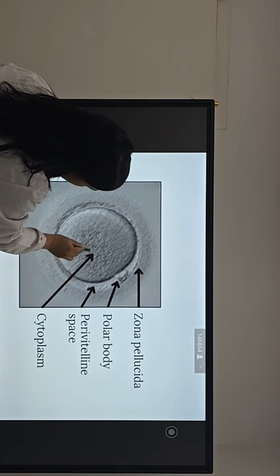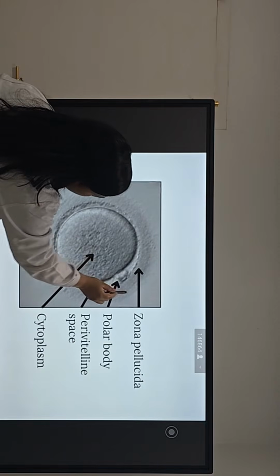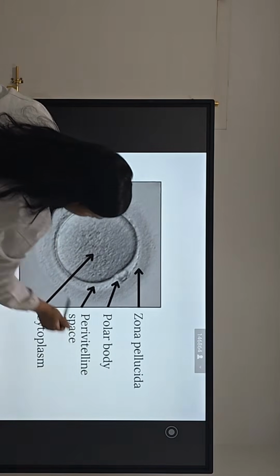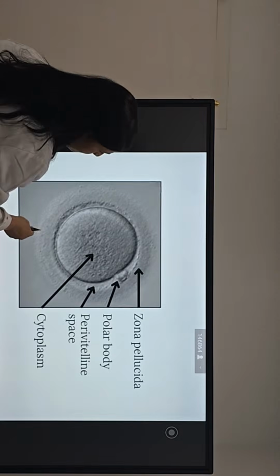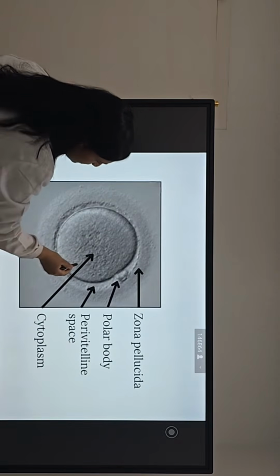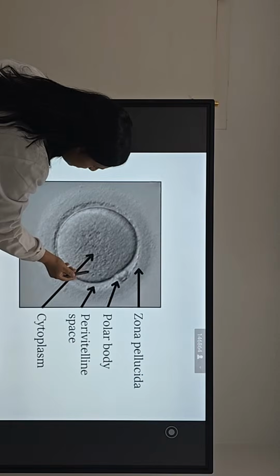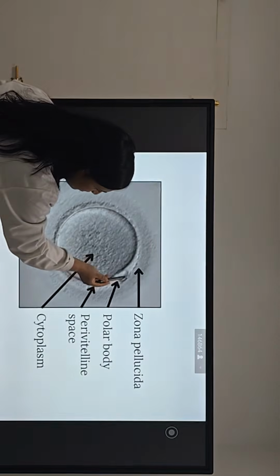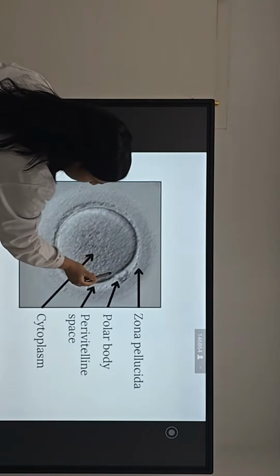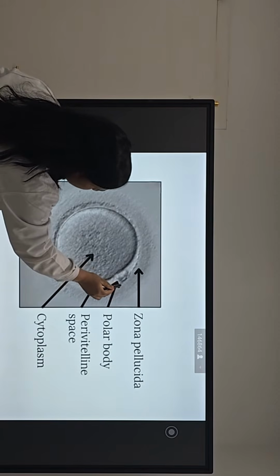Inside there is the egg, and the space between the egg and the zona pellucida is called the perivitelline space. After the completion of meiosis 1, there will be excretion of a polar body, which we can see between the egg and the zona pellucida.